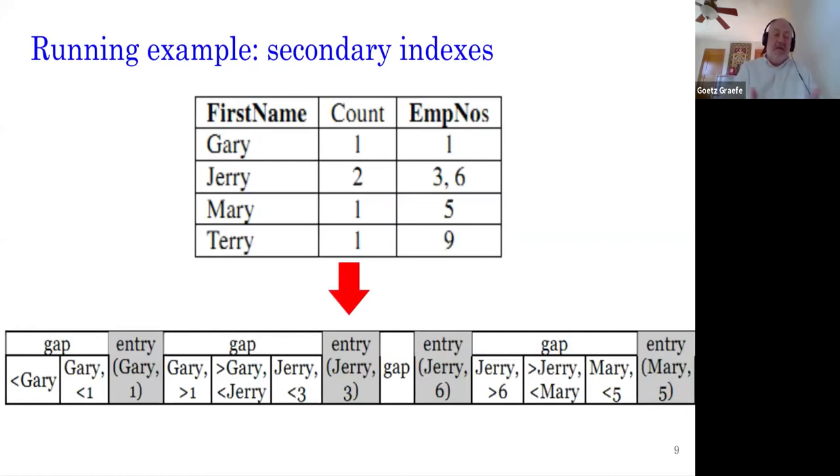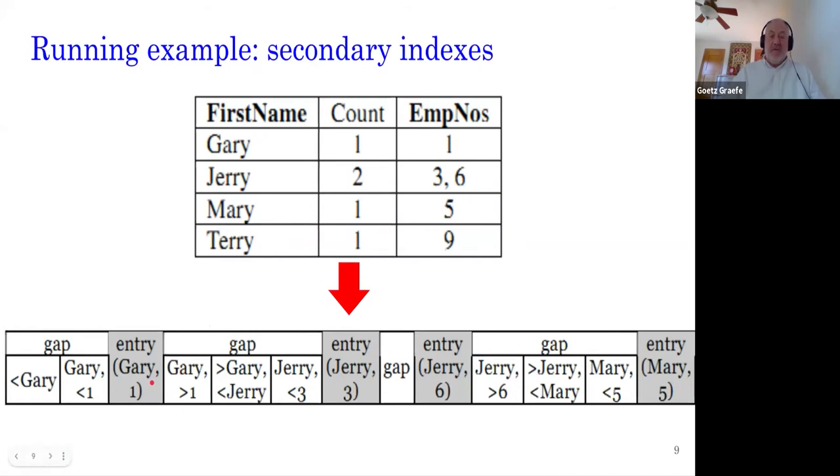So I shaded at the bottom are the index entries, and then between index entries I have gaps. So for example, if there were another Jerry with the employee number 4, I would insert that employee into this gap. And then the gaps here are a little bit more complex, but hopefully they are understandable.